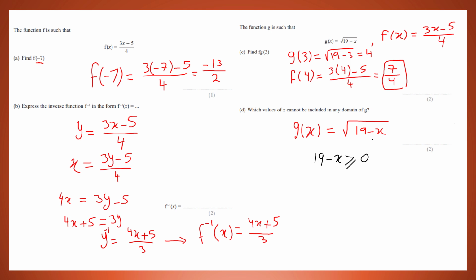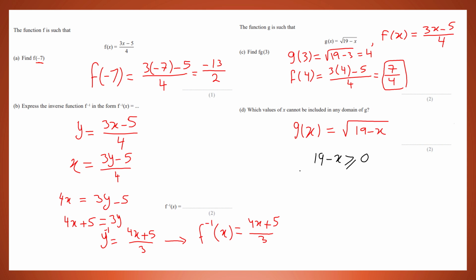But I'm not talking about the graph now. I'm just talking about the algebraic possible values that we can use. For the square root, all positive values below the square root can be used, but all negative numbers cannot be used. So 19 minus x must be greater than or equal to 0. Consider this as an equation and just solve it.